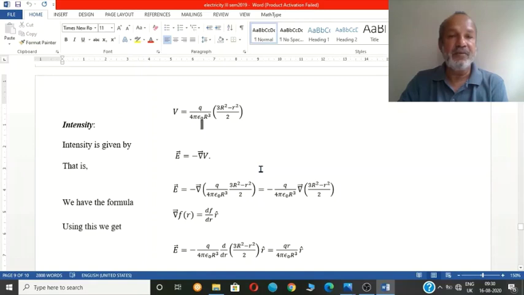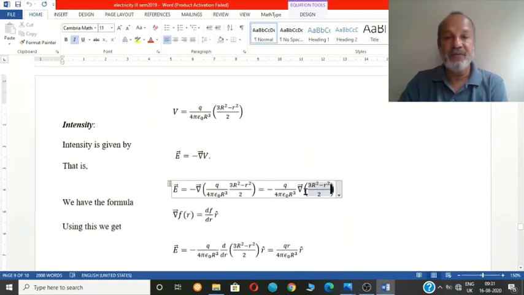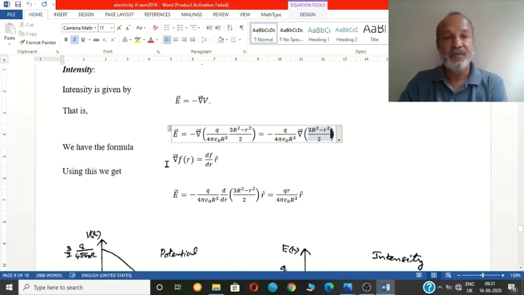Now the intensity calculation. Intensity is the negative gradient of potential. So these constants we can take outside, and del of a function of r is df by dr into r cap.